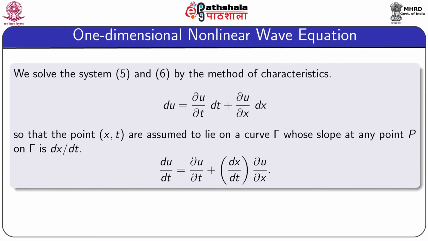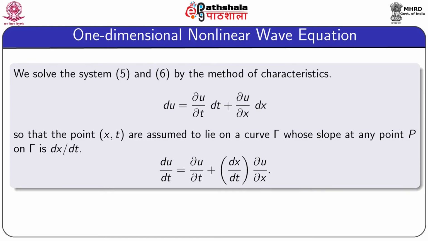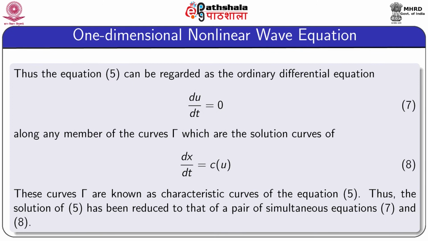Thus, equation 5 can be regarded as the ordinary differential equation du/dt = 0, because if we compare the expression for du/dt with the given nonlinear equation 5, the solution of equation 5 is equivalent to finding the solution of du/dt = 0, where dx/dt = c u is the slope of any member of the curve Γ. These curves Γ are known as the characteristic curves of equation 5.